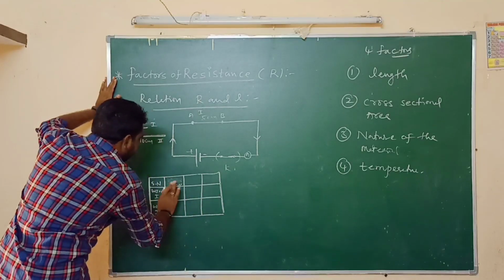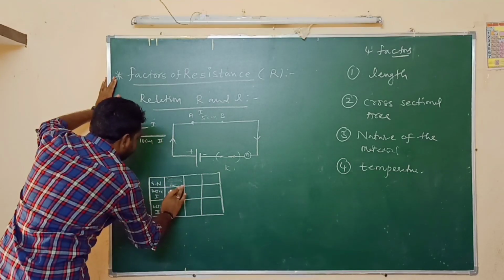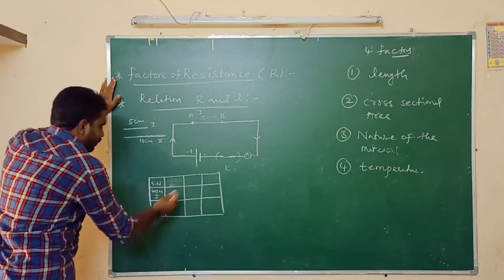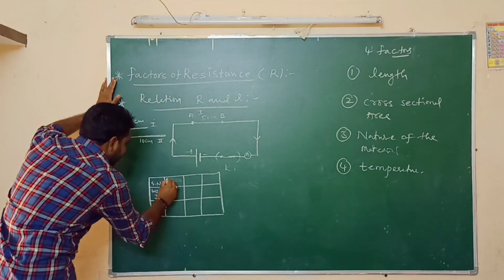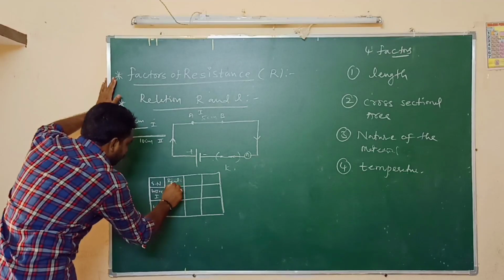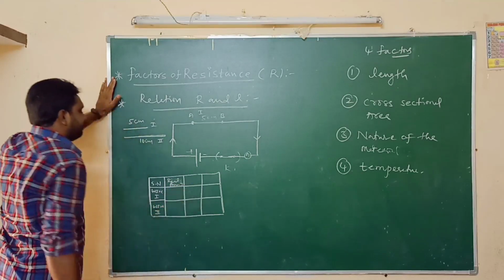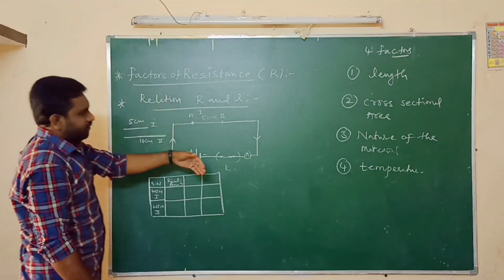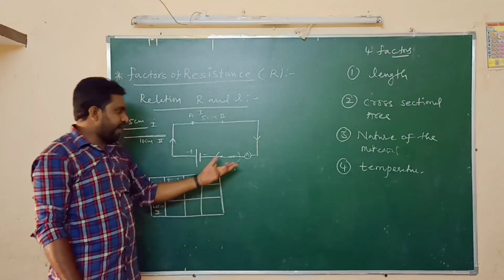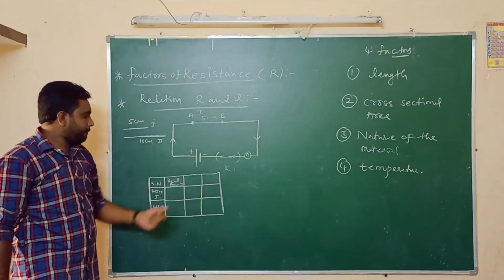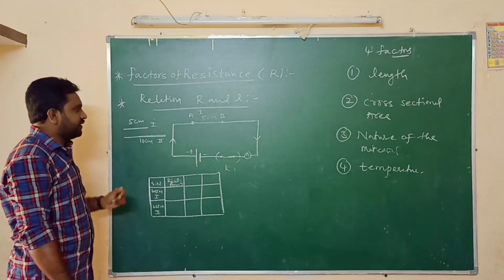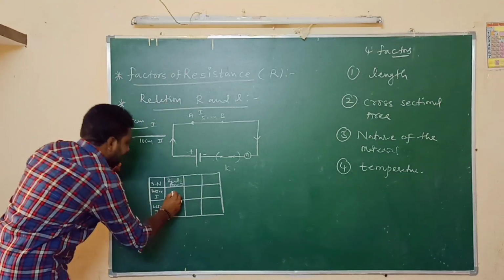That means current. By placing wire 1, for example, we consider assumed values. When the length of the wire is 5 centimeters, the reading of the ammeter is 1 ampere.